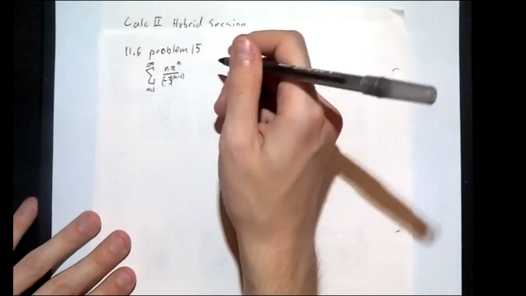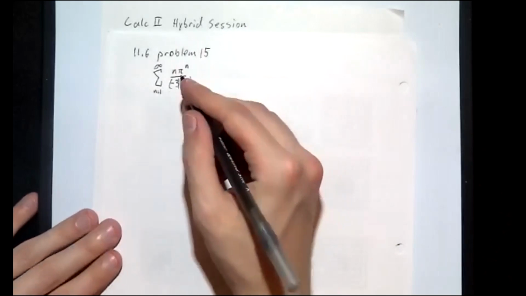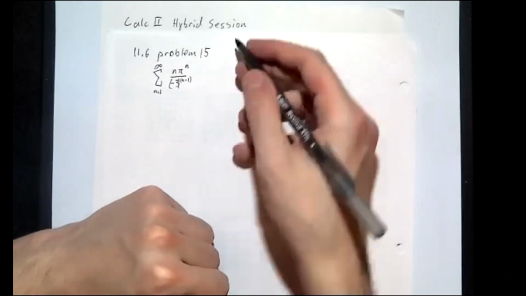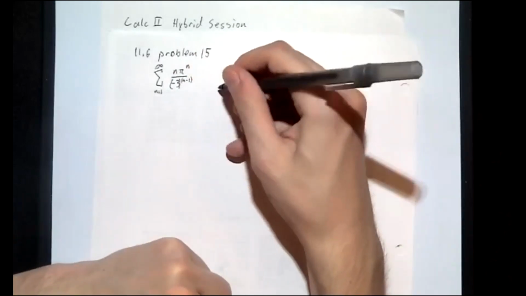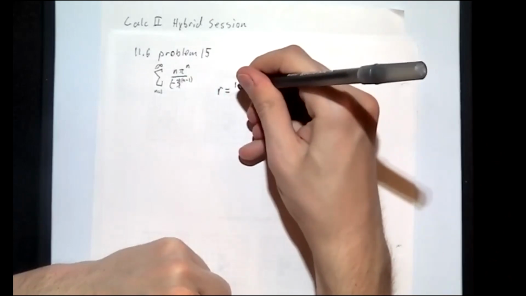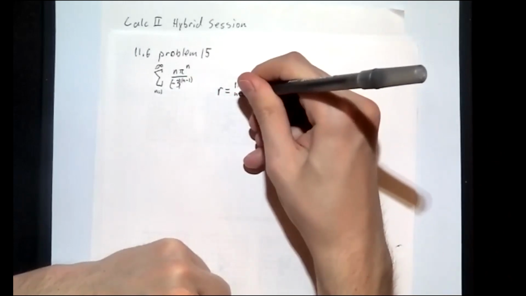So this is quantity, and that's important because we'll know that it's oscillating. So what we do is we do our ratio. So R is going to be equal to the limit as n approaches infinity.